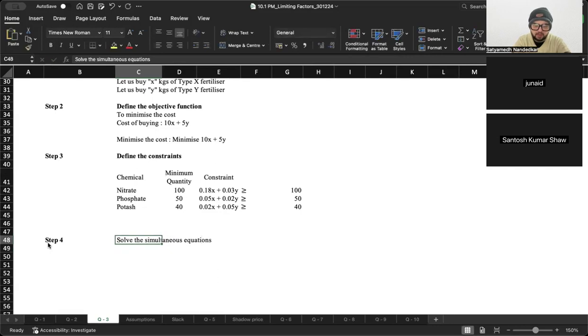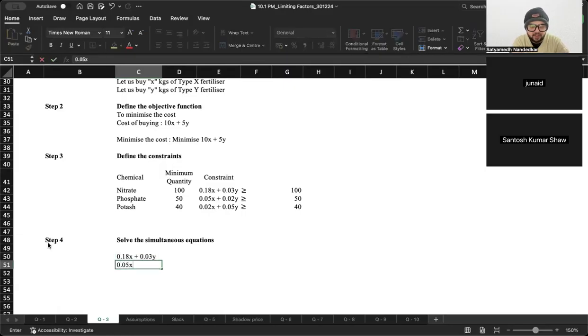First of all, I'll write down the three equations for you. 0.18x plus 0.03y, 0.05x plus 0.02y. A question like this level of complexity will not come. I'll also tell you why it will not come.